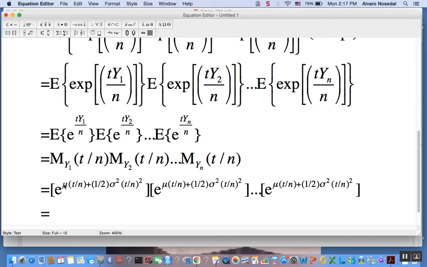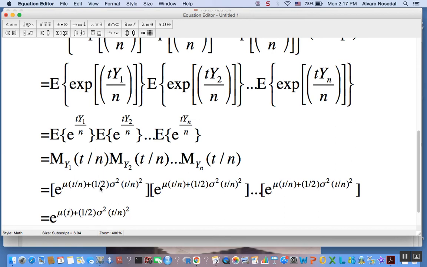We're going to have n times that guy, which means that in the end we will have e to the power n times mu times t divided by n. So those n's will cancel out. So we will have just e to the power mu t when we add all these up. So in the end we will have that.